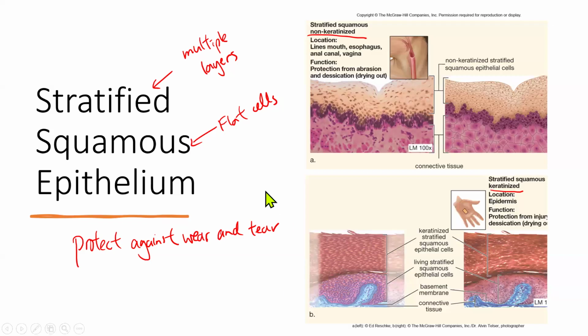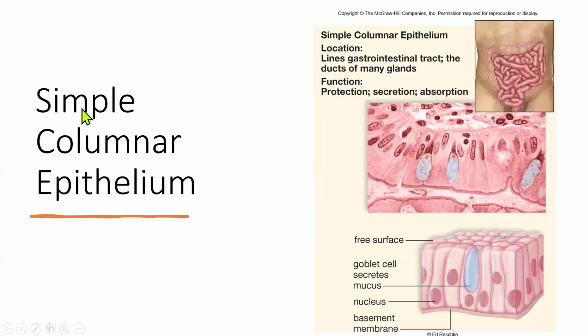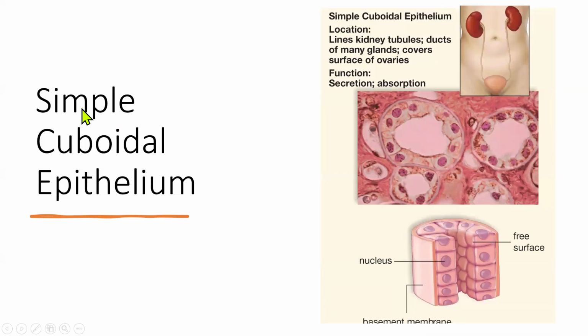Okay, moving on. We have simple cuboidal epithelium. One layer of cube-looking, square-looking cells. For the cuboidal and the columnar, it's just simple. There are no multiple layers of these.